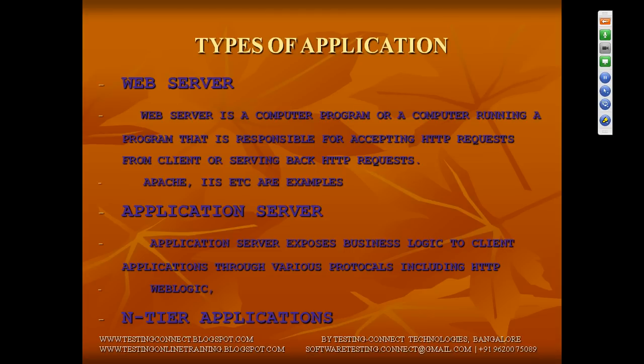Like for US one server, for India one server, for China one server, for Japan one server. If they split like that, tomorrow if some problem occurred in India, they can trace and rectify very easily, right? So the web server or application server is divided into multiple servers depending on the location. Those are nothing but entire applications.